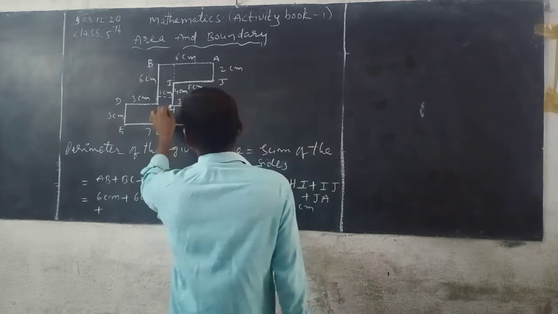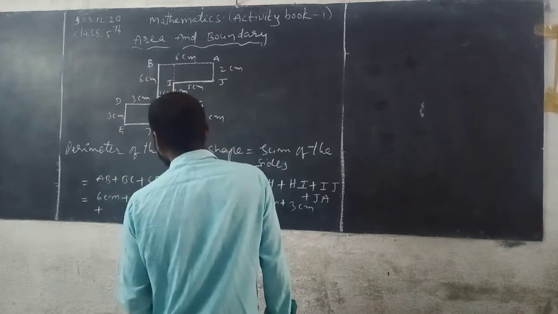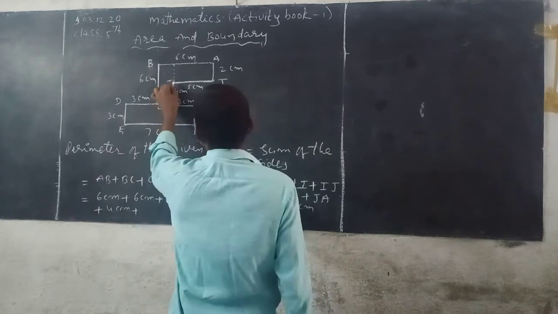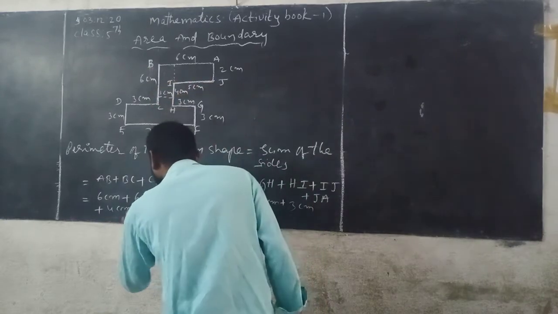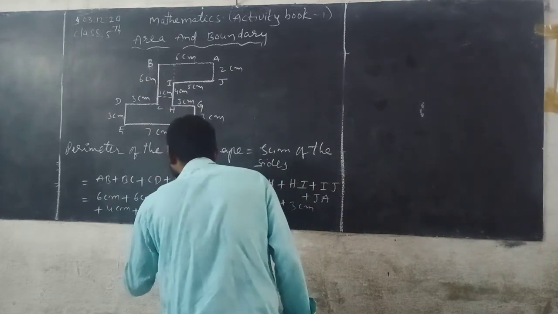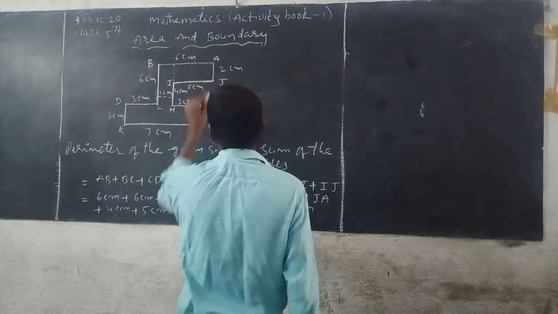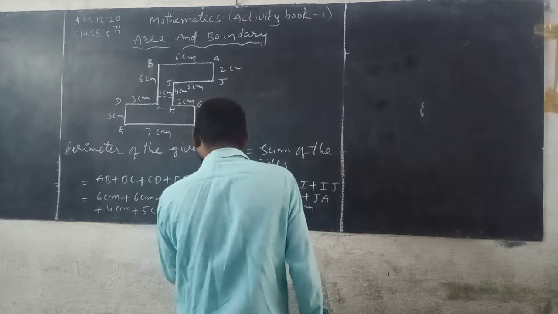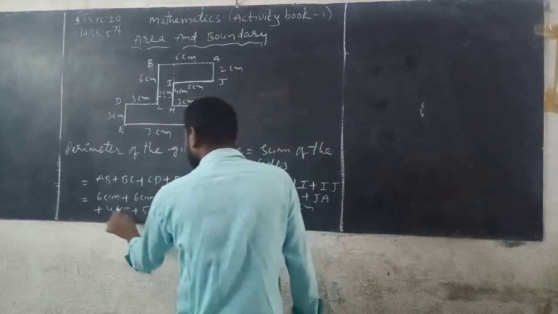Next HI is equal to 4 centimeters plus IJ is equal to 5 centimeters plus JA is equal to 2 centimeters beta. 1, 2, 3, 4, 5, 6, 7, 8, 9, 10.